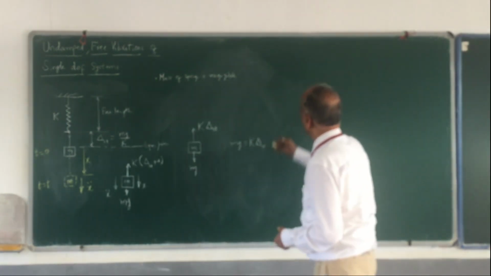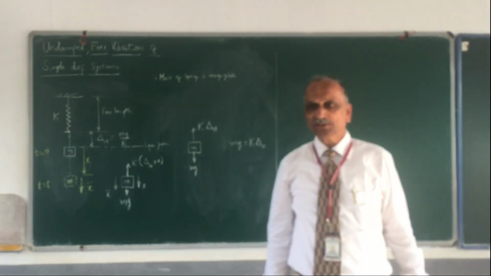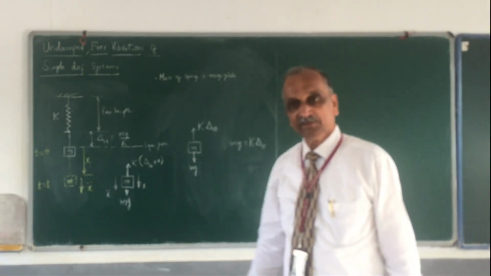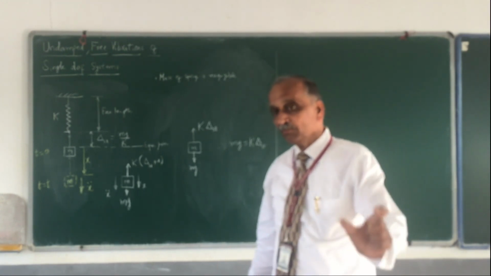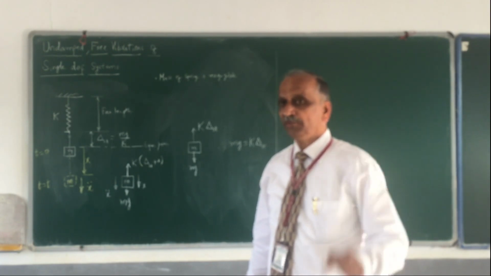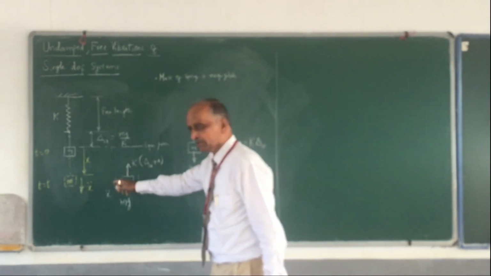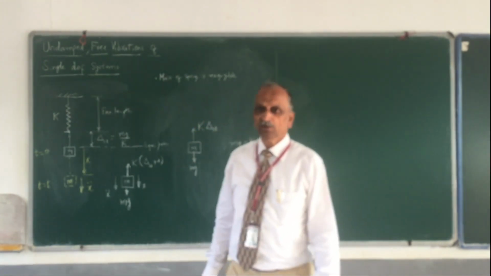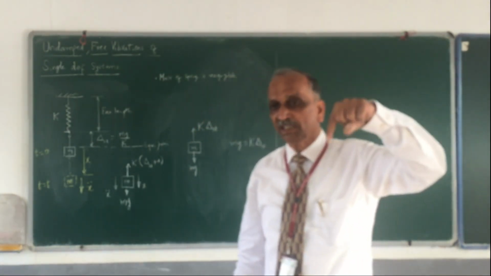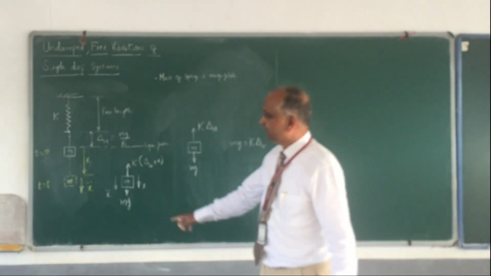Now I apply Newton's second law. What is Newton's second law? The left hand side is the sum of all the forces in the direction of acceleration. What is the direction of acceleration? X double dot, which is in the downward direction. So the sum of all the forces in the downward direction. How many forces are there?